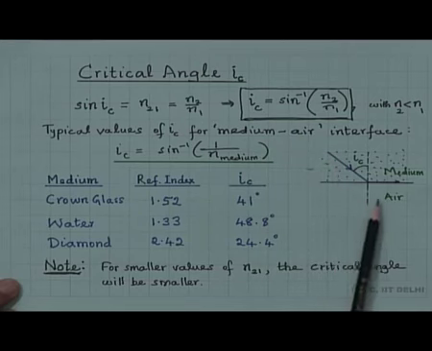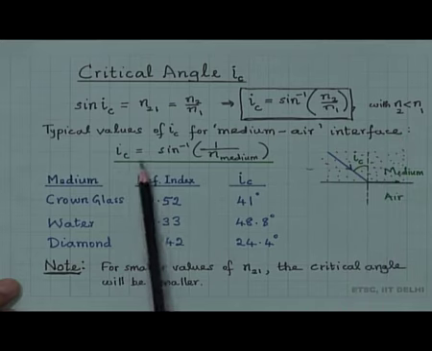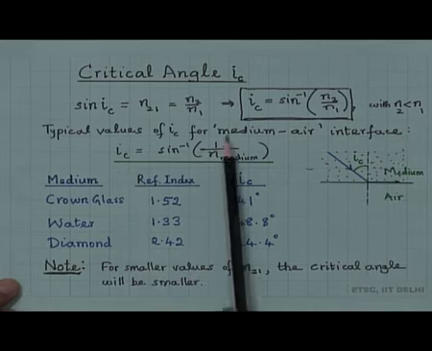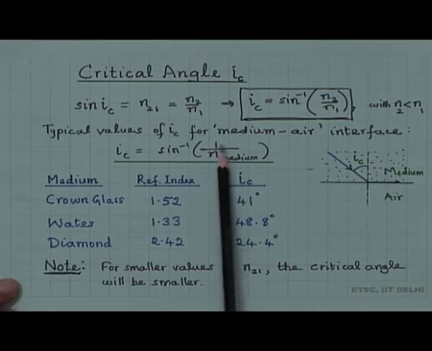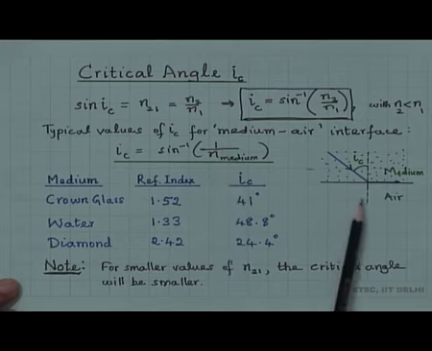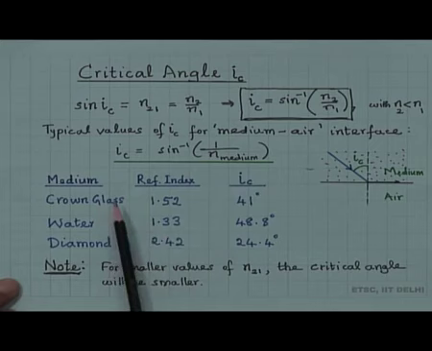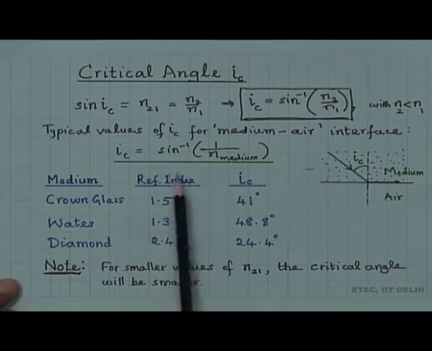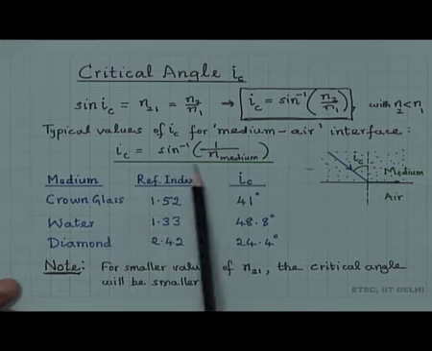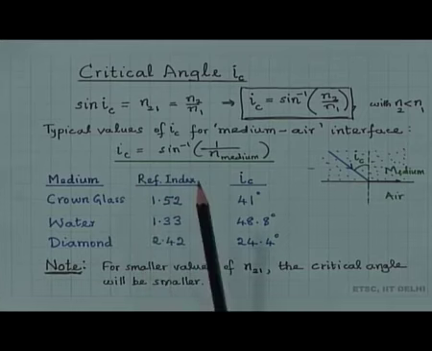Since n air is 1, IC is sin inverse of 1 by the refractive index of the medium.